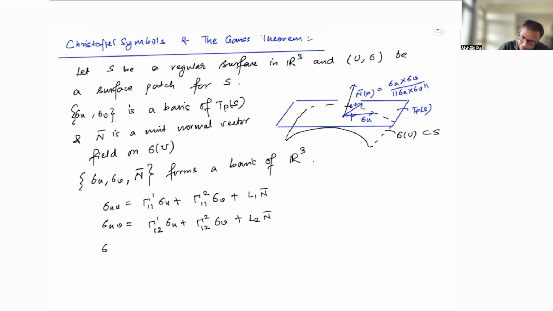Sigma vu is equal to gamma 1 2 1 sigma u plus gamma 2 2 1 sigma v plus L2 bar N bar.